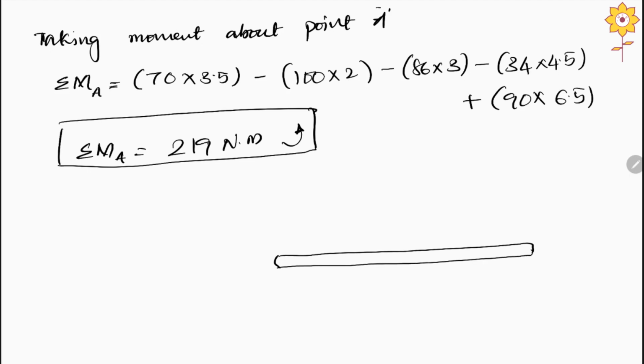On the point A we have the resultant, that is 50 Newton, and the equivalent couple, we found the moment as 219 Newton meter, which is a couple. This is point O and this is point A.